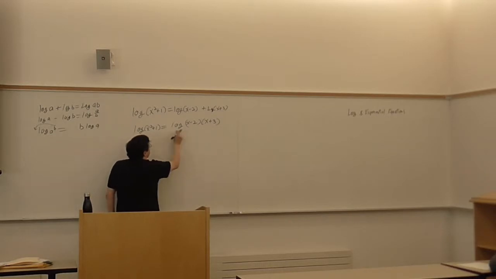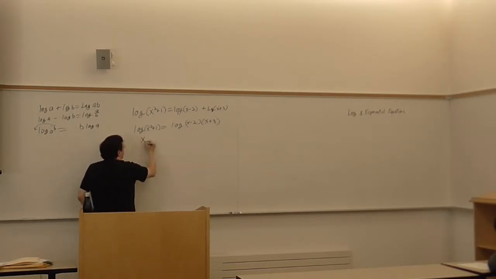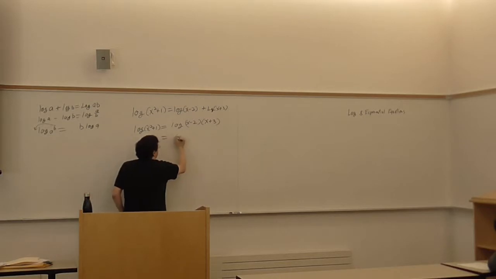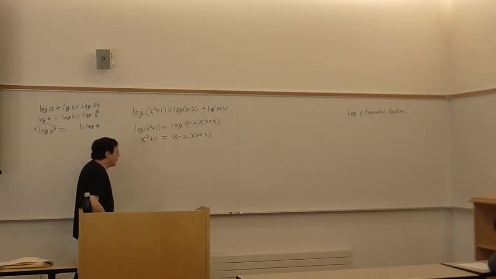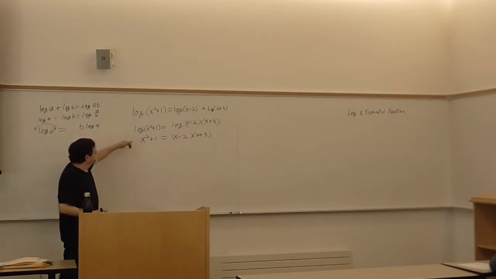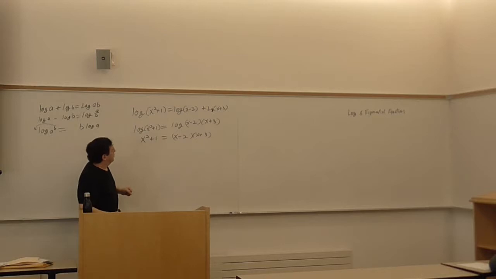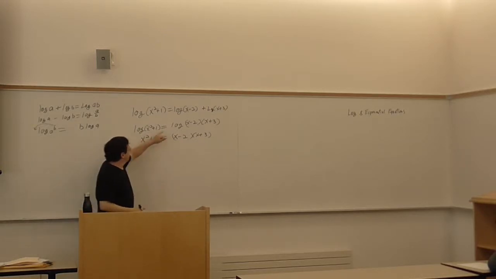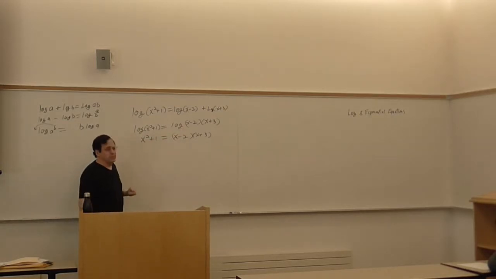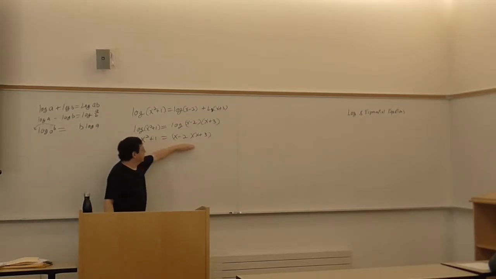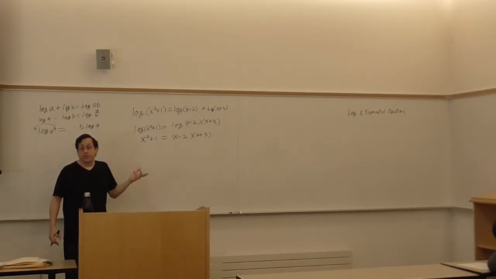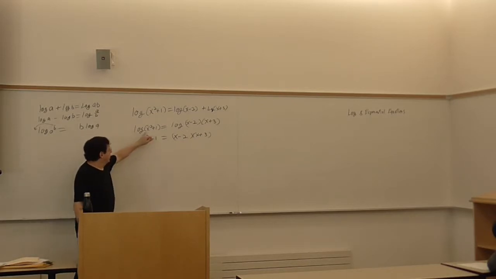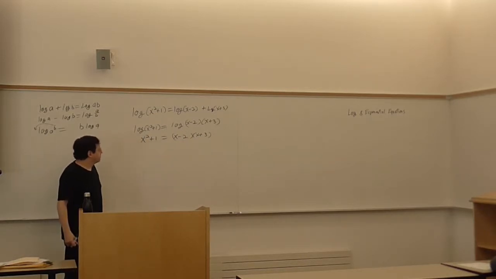Therefore, these two expressions being equal implies x squared plus 1 equals x minus 2 times x plus 3. Or if you prefer, you could raise each of these to whatever base we happen to be using here. I didn't specify in this problem, but it doesn't matter. You get the same result because you're taking a function and then applying the inverse function, so you just get what you started with back.